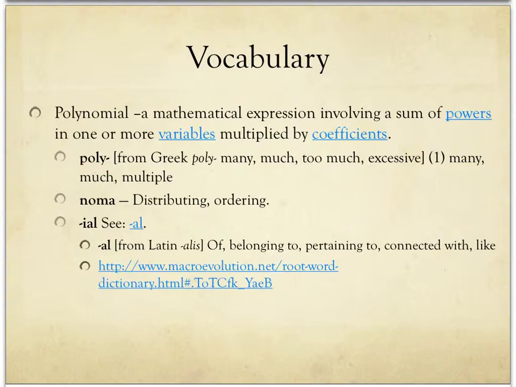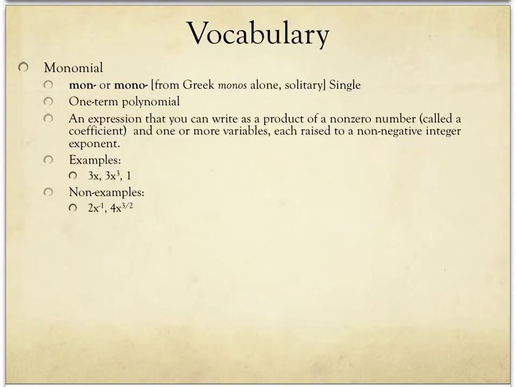Poly means many. Noma is a way of ordering things, and EL means pertaining to or belonging to. So what this word really says is we've got many things that we're going to order that all belong together. And that's what a polynomial is. And we'll give you a better idea of how to identify polynomials in the upcoming slides.